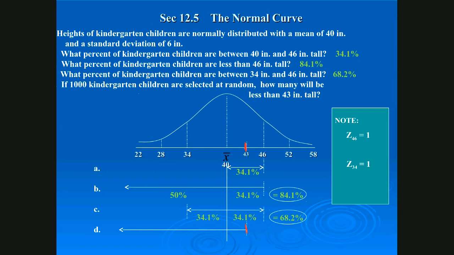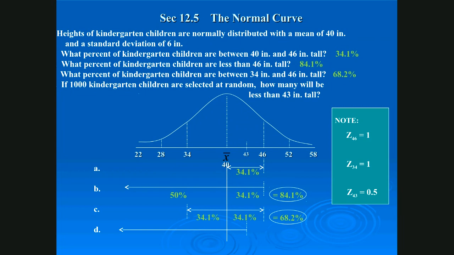So notice if we count from 40 to 43, we are going 3 units, 3 units out of the 6 units from 40 to 46. And so our z-score for 43 would be 3/6 or 1/2. We can write it as a decimal, 0.5, because we're looking this up on the table.